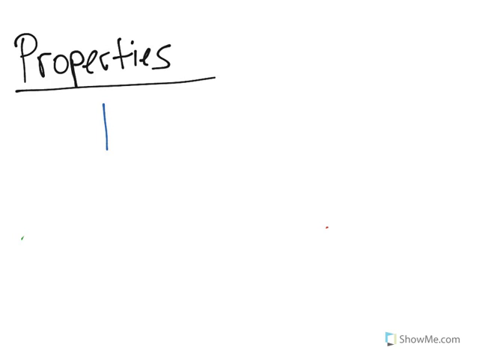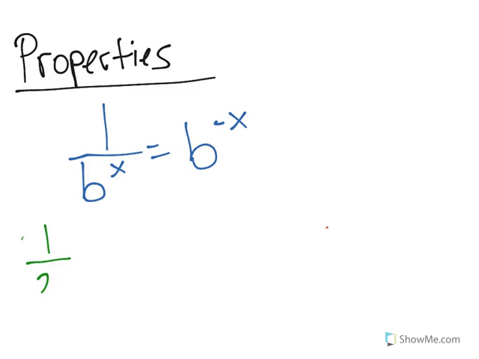Lastly, we want to use the fact that 1 over b to the x can also be written as b to the negative x. Why is this? Let's say I have 1 over 2 squared.